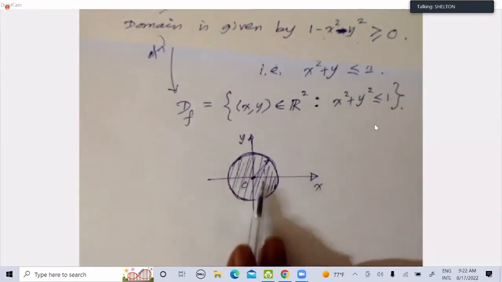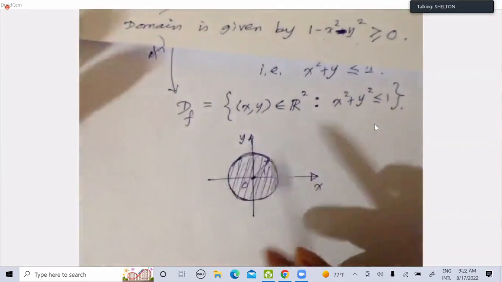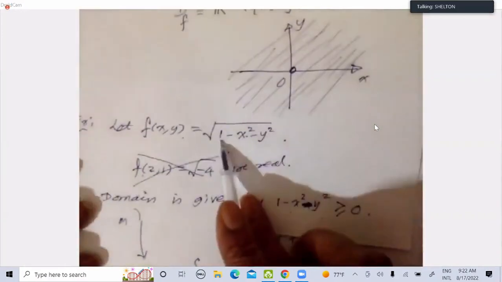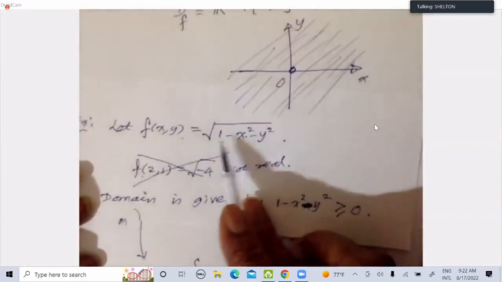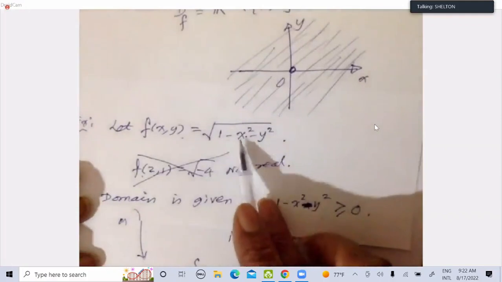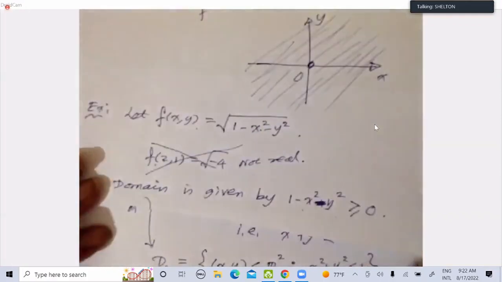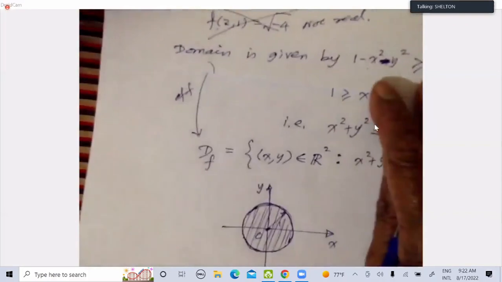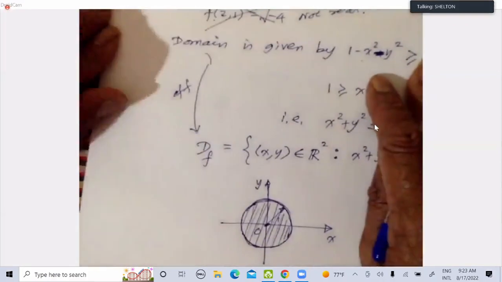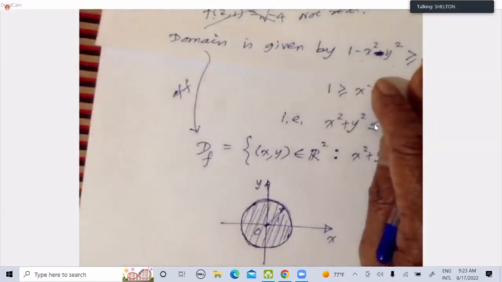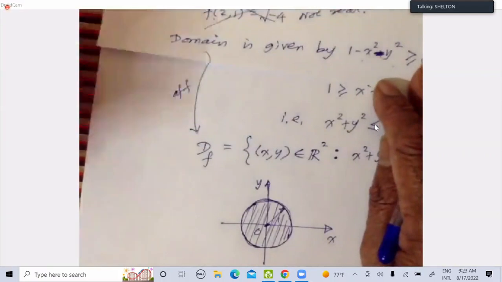The shaded region is the domain of this function. What is the function? Square root of 1 minus x squared minus y squared. So just to give you an idea about the domain of functions of more than one variable.